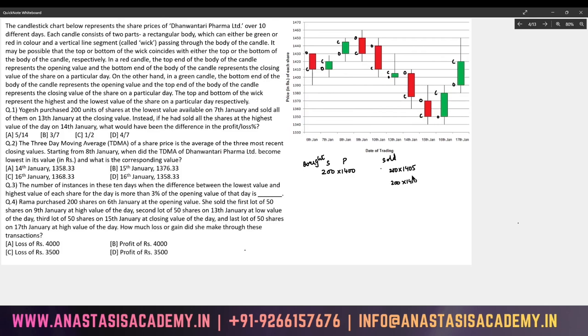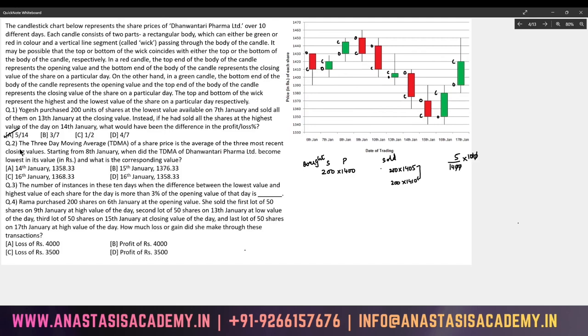But the difference in profit percent would be the additional money that he's generating here, which is 5 per share on a cost price of 1400. And because we are calculating percentage, we need to multiply this by 100. So cancel, cancel, cancel. The answer to the question will be 5 by 14, or 25 by 70, so the first option is the correct option.